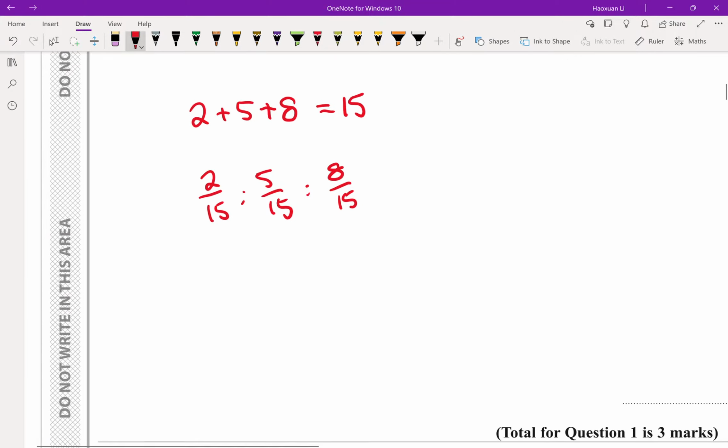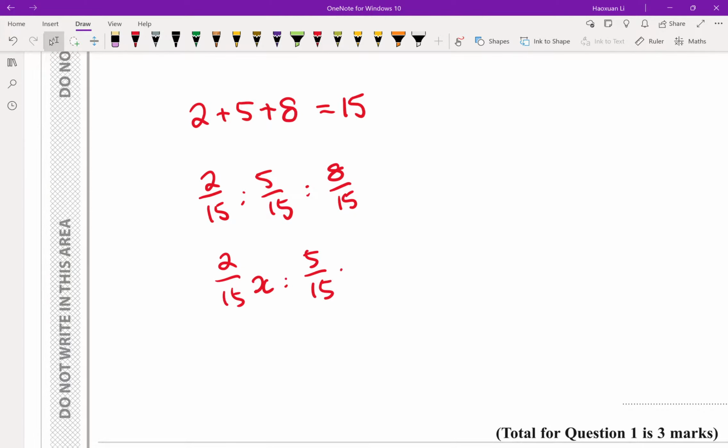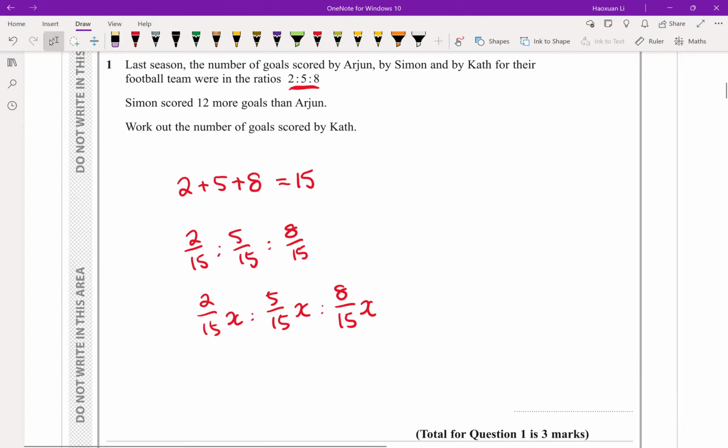Also bear in mind that this ratio is only a proportion of the total number of goals being scored. Therefore, that would be 2/15 x, 5/15 x, and 8/15 x. Here this is Arjun, this is Simon, and this is Kat.